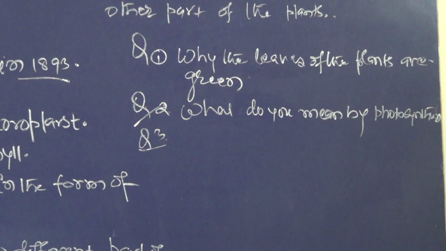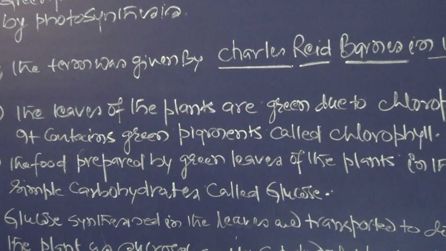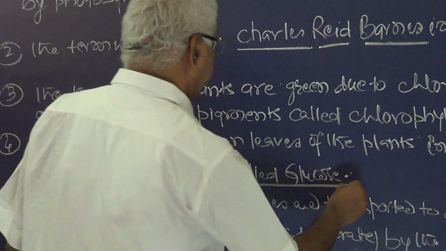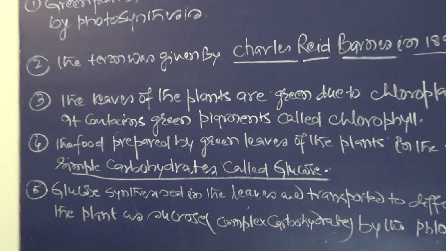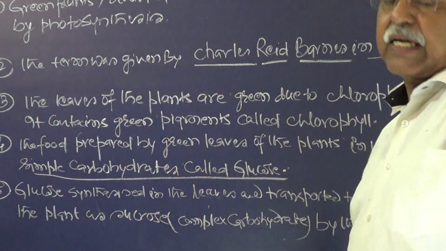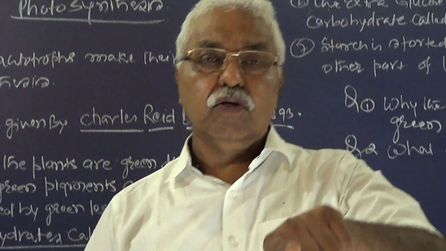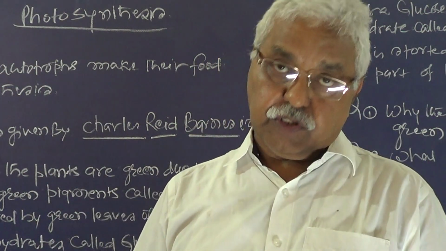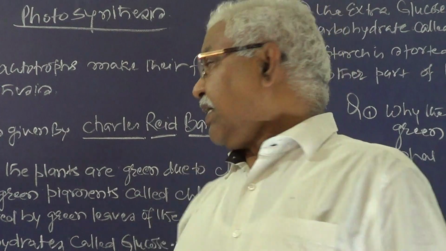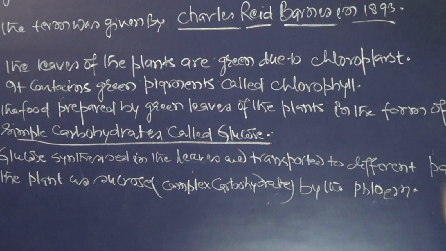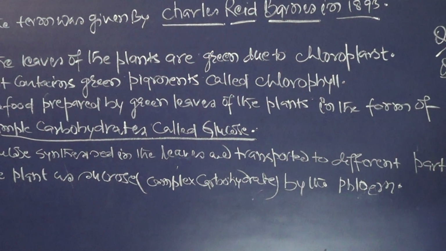The food prepared by the green leaves of the plants is in the form of a simple carbohydrate called glucose. Simple carbohydrate is glucose, whereas complex carbohydrate is sucrose.